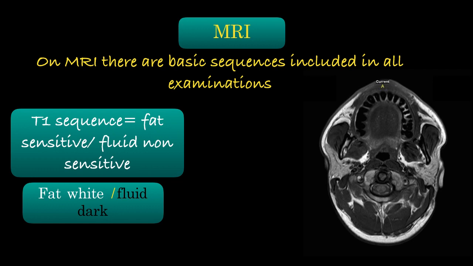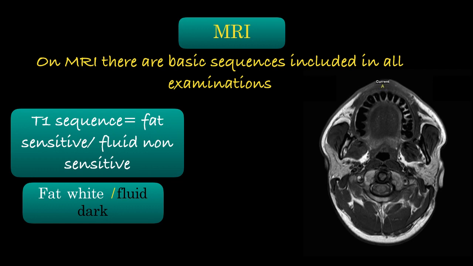In any head and neck MRI, you will have to focus on 2 areas: the buccal pad of fat, the cheeks, on both sides, and the occipital fat, because these are areas that we know for sure contain a lot of fat.